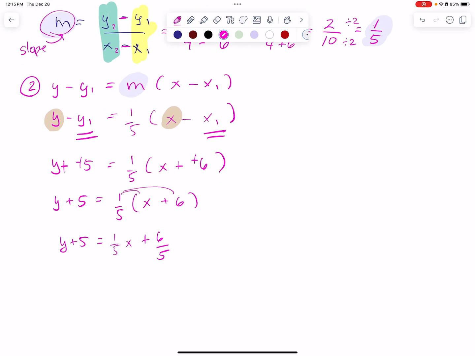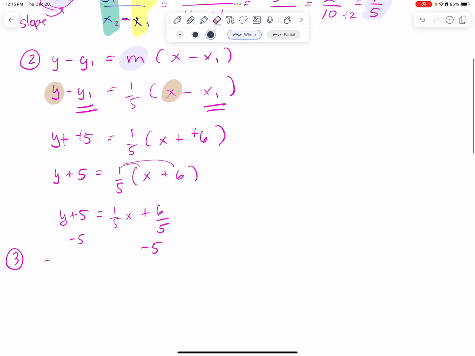Now we're going to solve everything. The next step is to put everything into a y equals equation. In order to do that, I'm going to subtract 5 from both sides. So I have now 6 over 5 minus 5, but I need to simplify that into the same denominator because I've just put that over 1.